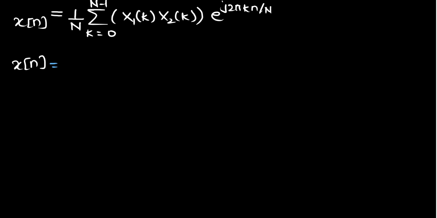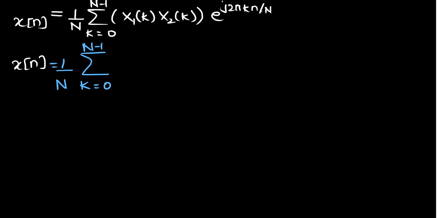So we have the value of x of n is equal to 1 by N summation k running from 0 to N minus 1.